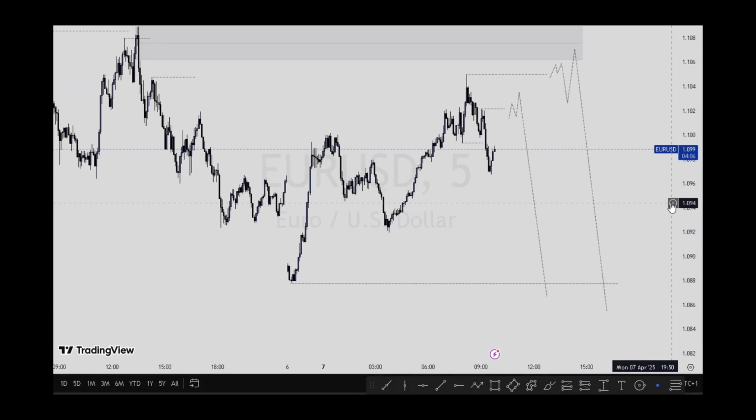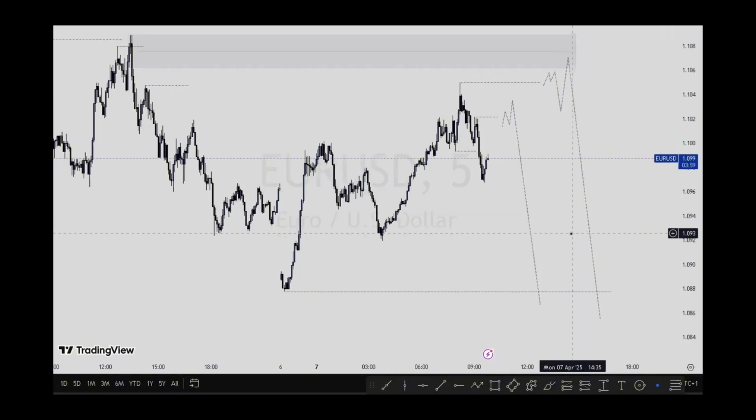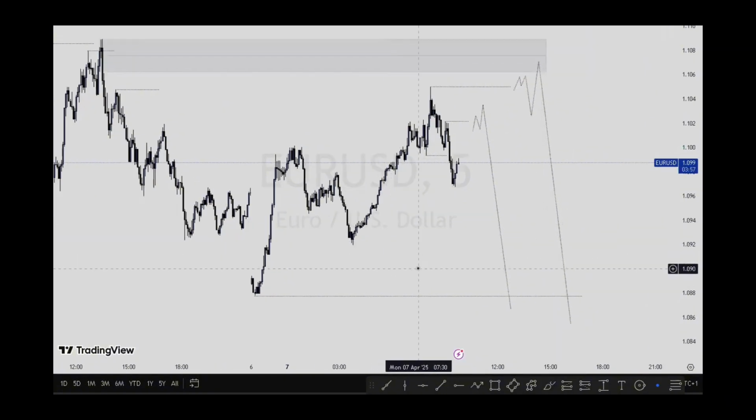Are we together? Yes. So you see, I've been able to break down the levels where we'll be looking forward for Euro USD, right? Okay, so that's actually that for EU.